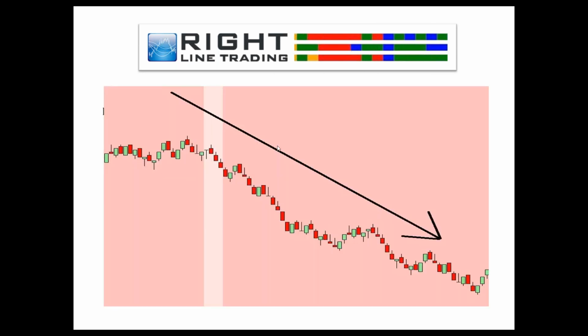Right here. Now, when you look at the background bias of most charts, when price falls, the background goes pink or green. In this particular case, this indicator is not looking at your trading chart, it's looking at the two higher time frames.